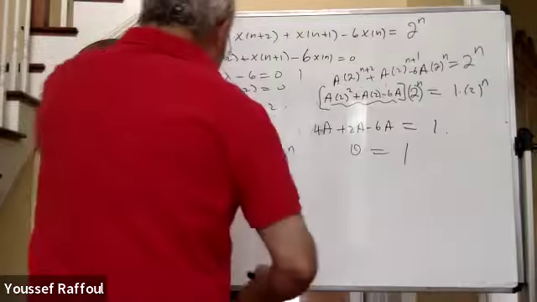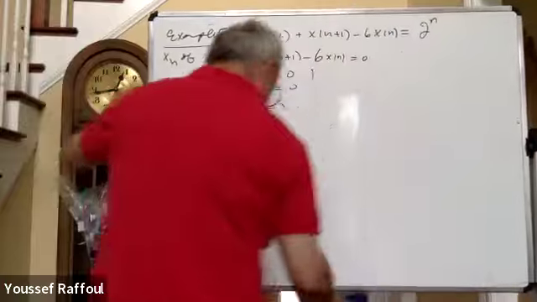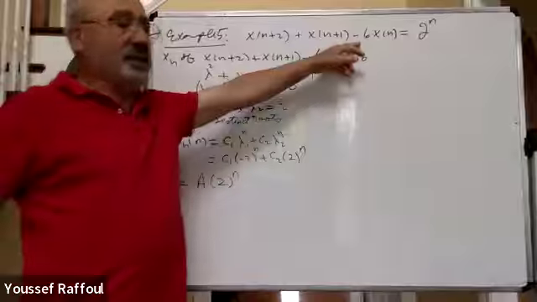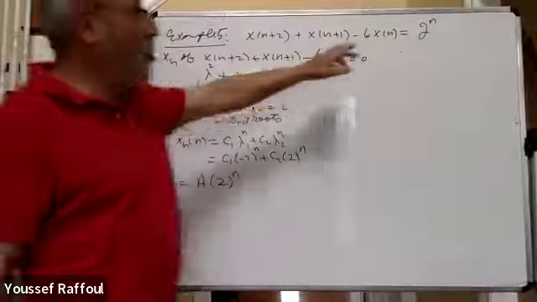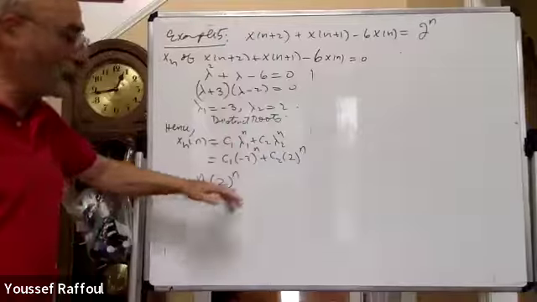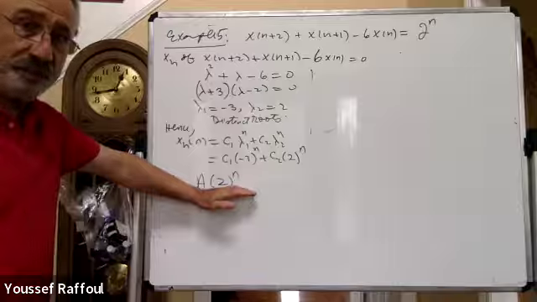Okay, so from now on, you look at f first. It's 2 to the power n, so you put a times 2 to the power n. Are we on board with this?